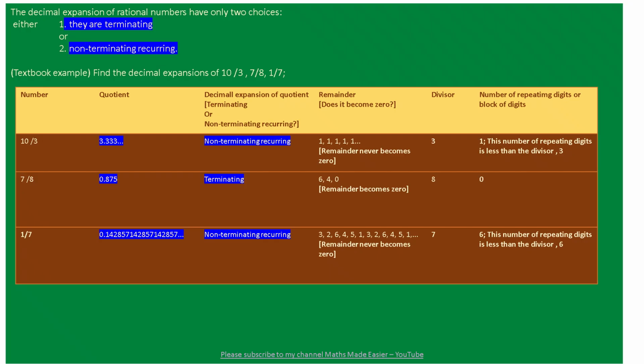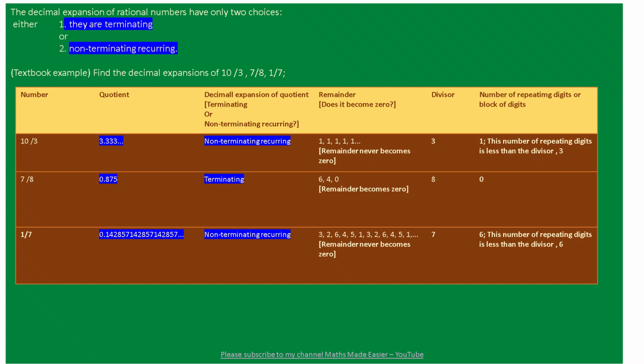Let's look into one more example, which is 7 by 8. If you look into the quotient, it is terminating; it stops after 3 digits. The remainder becomes 0 after a particular number of steps. The divisor in this case is 8, and the number of repeating digits in this particular case is 0.